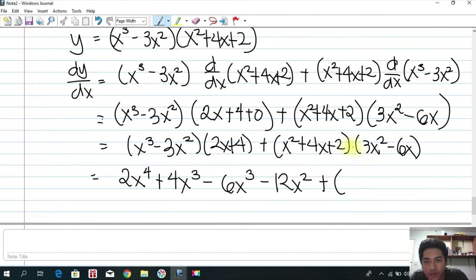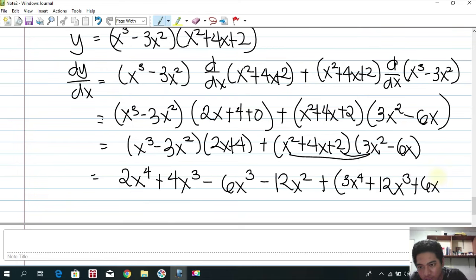So we have 3x squared times x squared, that is 3x raised to 4, and 3x squared times 4x, that is plus 12x cubed. So 3x squared times 2, that is plus 6x squared. Okay?